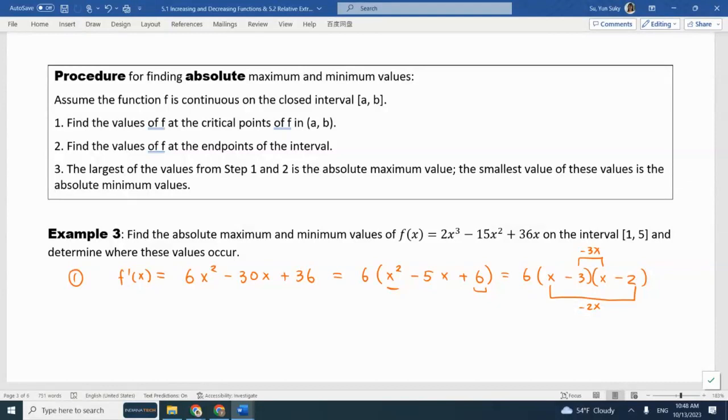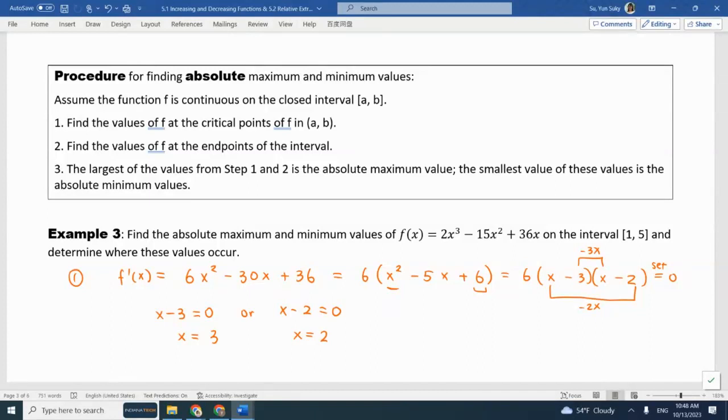Okay, we factor them, right? Now, what do we do? Yes. So set them equal to 0. We get the first factor, x minus 3, is 0, or the second factor is 0. What is x? 3 or 2. Okay, they are the critical points, right, everybody?